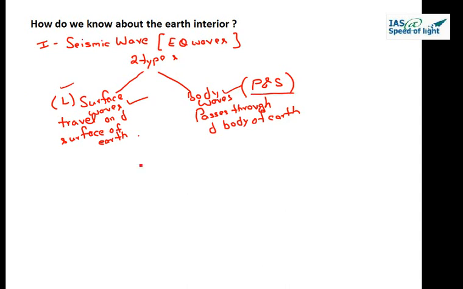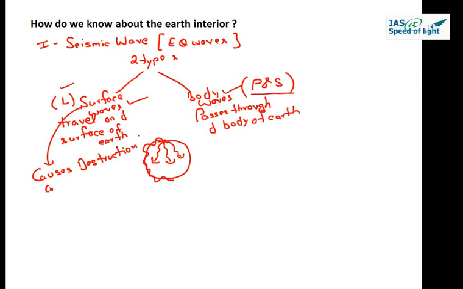Now suppose this is the Earth, and this is the point where the earthquake happened. The surface waves will travel on the surface, while the body waves will pass through the body of the Earth. So it can be understood that the surface waves are the ones which cause the destruction that happens after an earthquake.